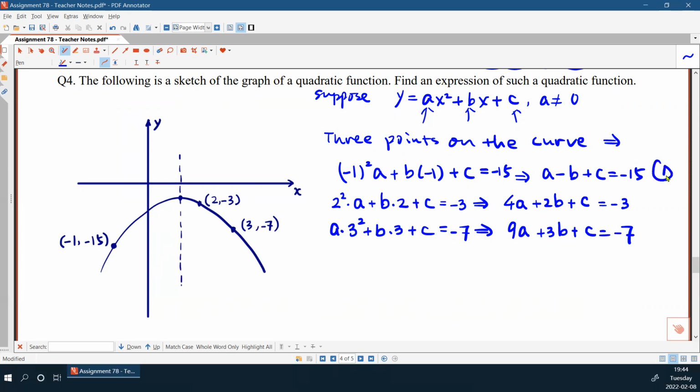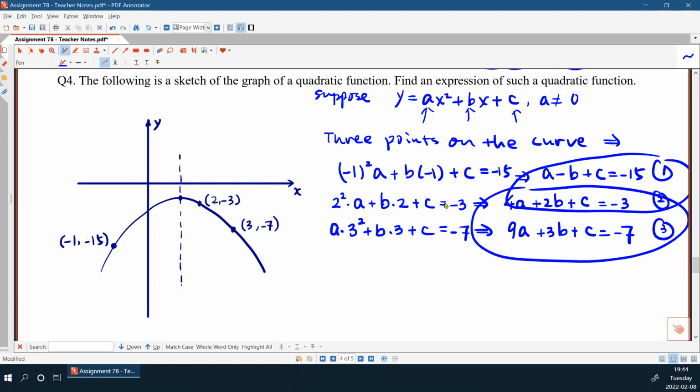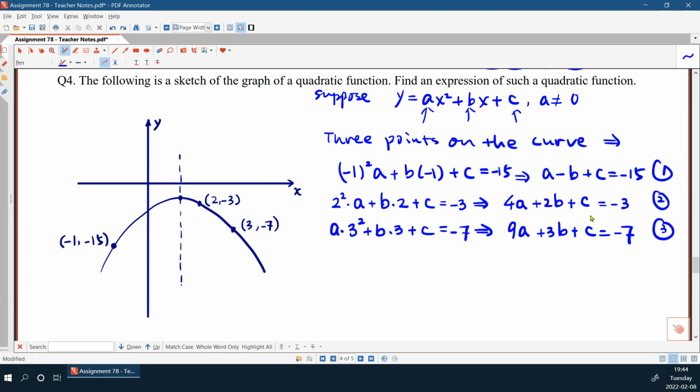So let's label them as 1, 2, 3 to facilitate our discussion. First of all, we can use number 1, number 2 to eliminate c, right? And then use number 2 and number 3 to eliminate c. Then we can solve a and b, right? Okay, so in order to eliminate c, we can use 2 minus 1.